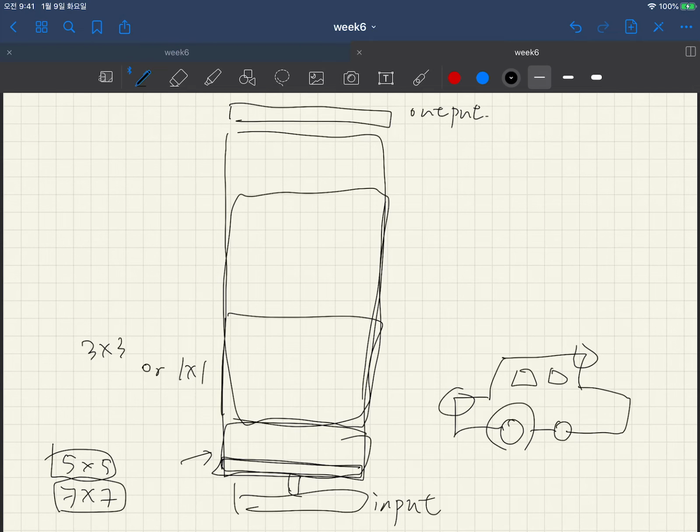Because in the middle, the more important thing is how to build a nice classifier, how to design a very complicated nonlinear function using stacked nonlinear activation functions and weight matrices. So basically 3x3 or 1x1 filters build very nonlinear local functions using a kind of fully connected layer architecture.